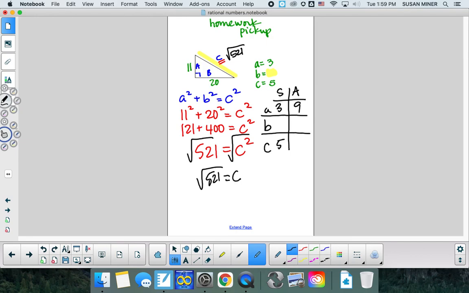C is 5, so 25. 25 minus 9 is 16. And so the square root of 16 is equal to 4. So my side length on this one is 4. I'm glad that one came out nice and even. Okay, so now I know all of my side lengths and all of my areas, and I'm ready to go.